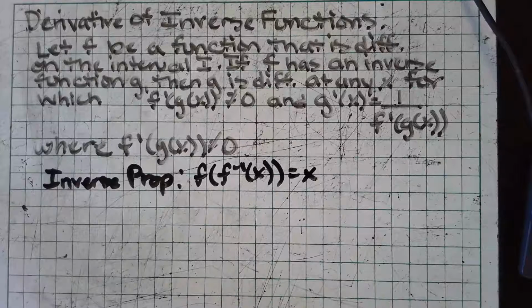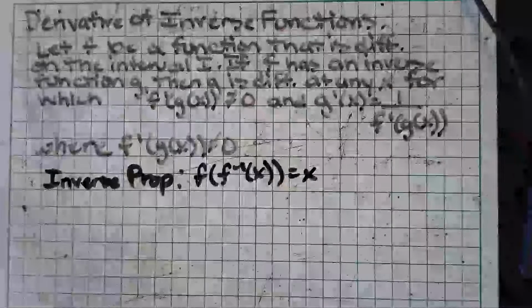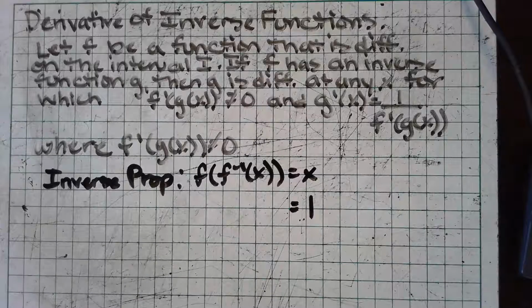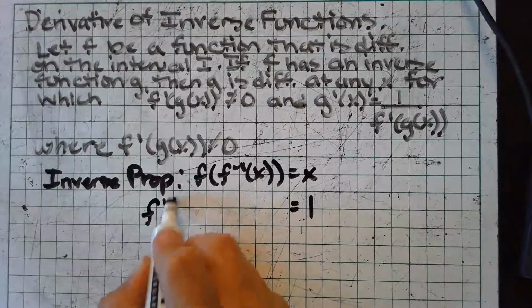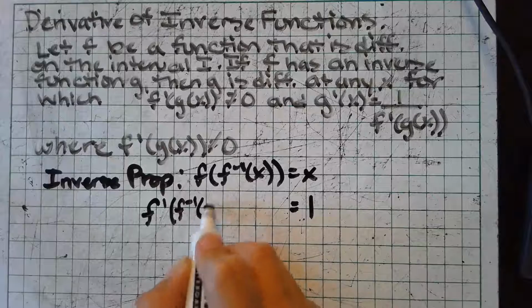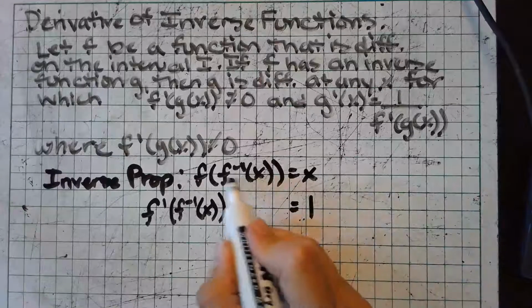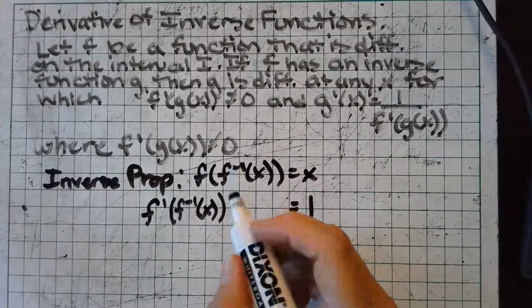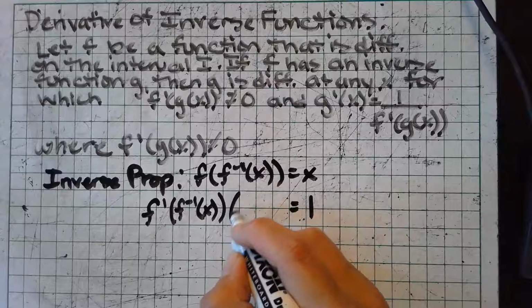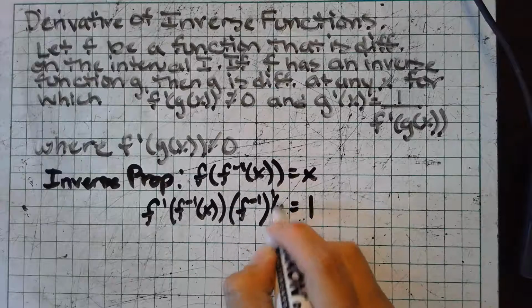If we take the derivative of each one of these, this side is easy, that equals 1. This side, think of your way from the outside in. It's going to be f prime of f inverse of x, and then you do the derivative of the inside. So it's going to be basically the derivative of that.